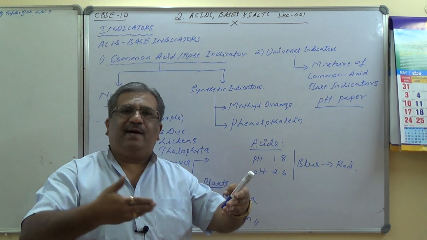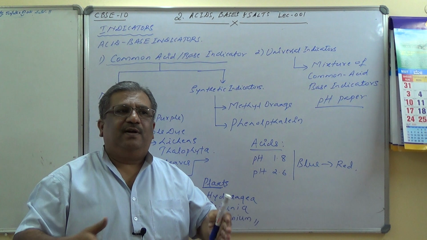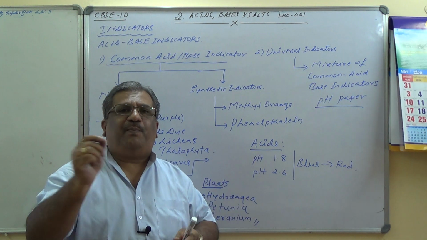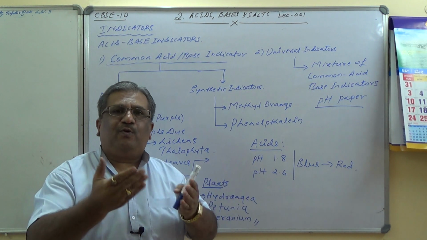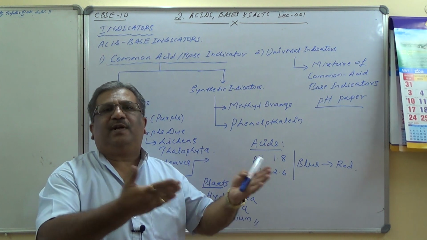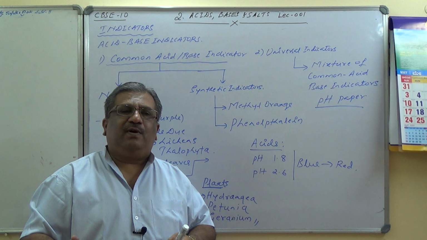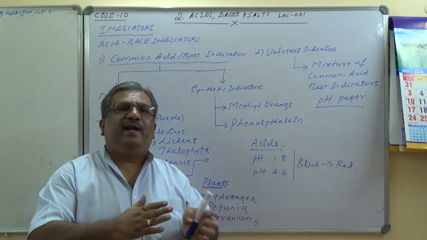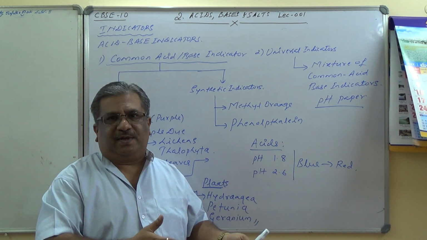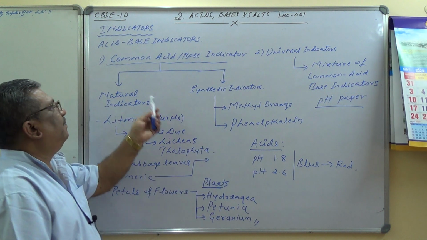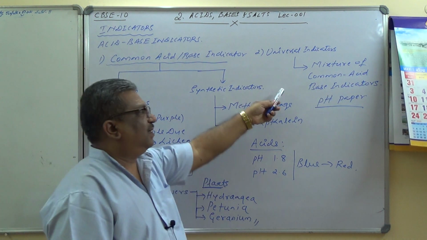Now you will be given a reference chart in which the different colors along with the pH range will be given. We have to match the color obtained with the reference colors. You understand? And thereby we should be able to conclude fairly well the range of the pH for a particular substance. So that is the main difference between common acid base indicator and universal indicator.